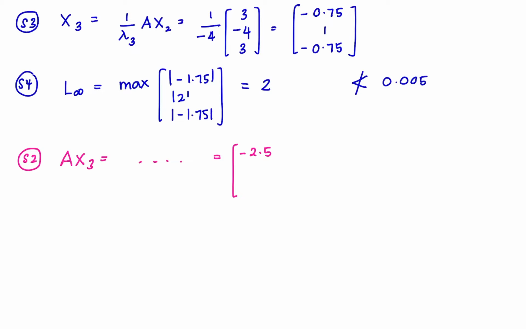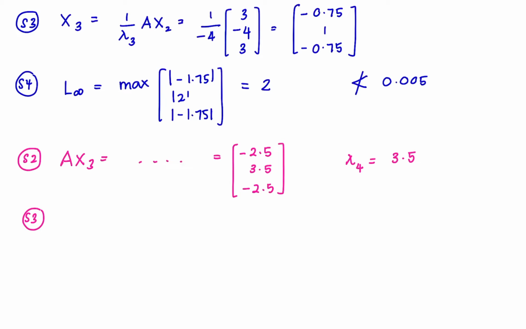So our value is minus 2.5, 3.5, minus 2.5. Okay, so now we want our lambda 4. The highest absolute value will be 3.5 there, and that entry is positive 3.5. So that will become our lambda 4.